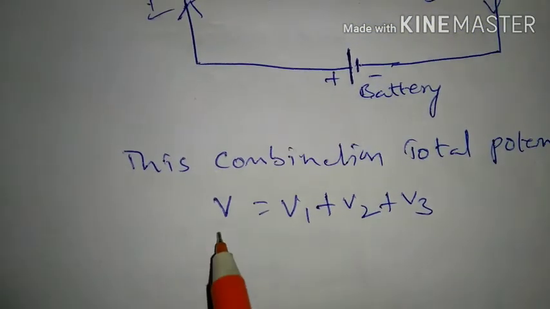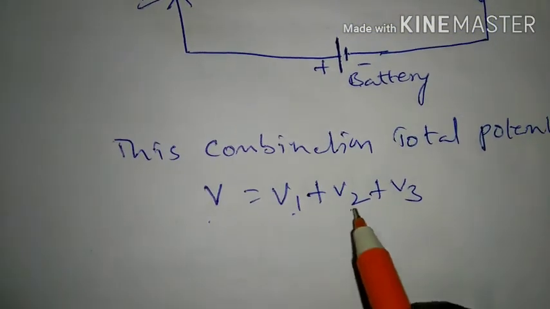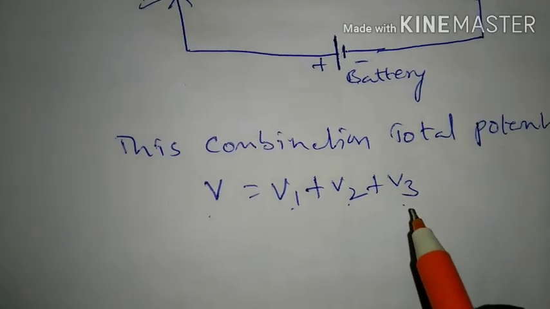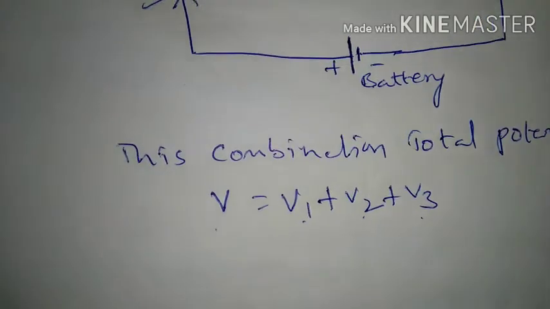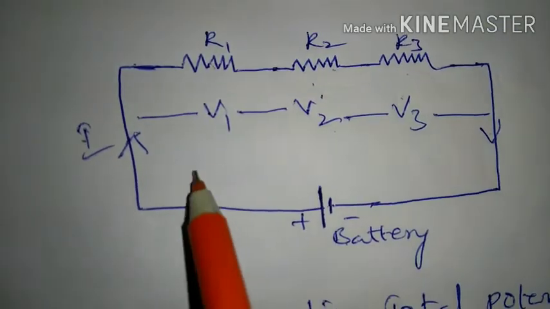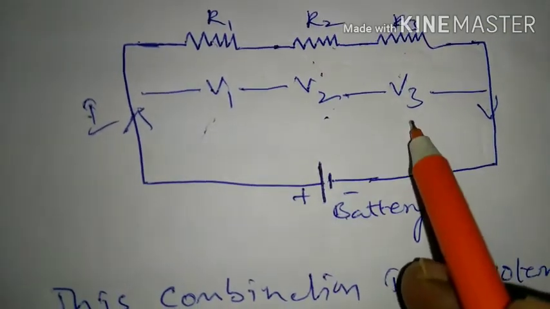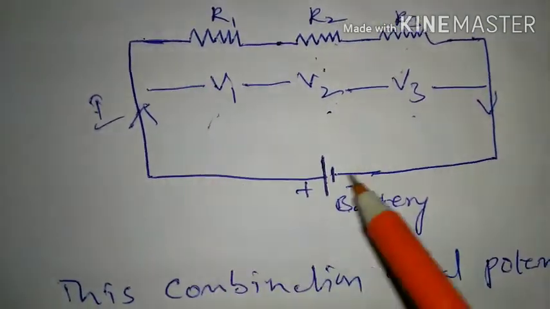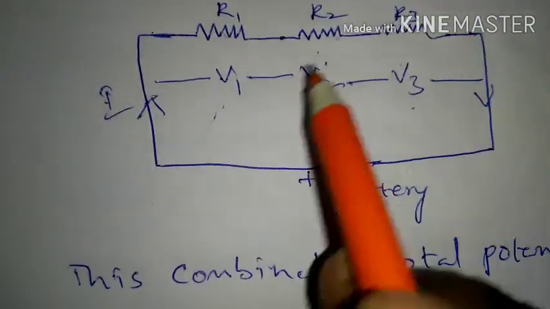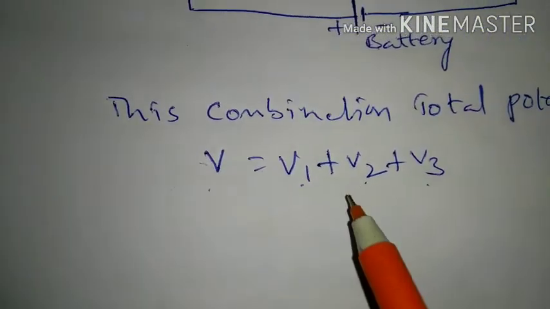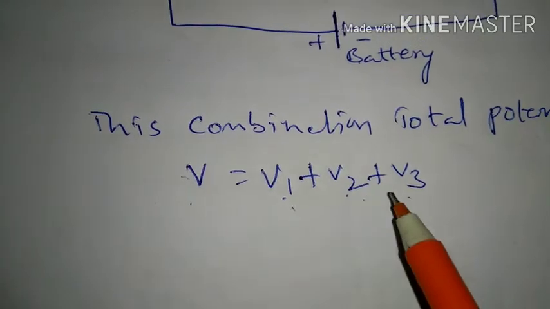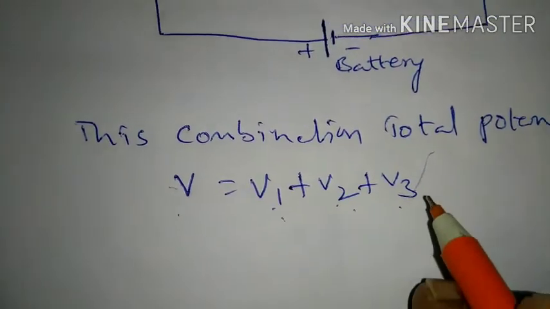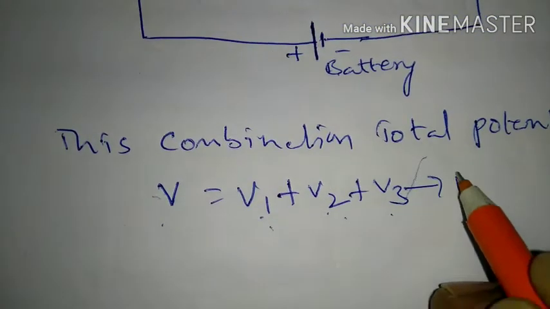In the diagram, V1, V2, V3 are there, and V is the total potential difference. V is equal to V1 plus V2 plus V3. This is equation 1.